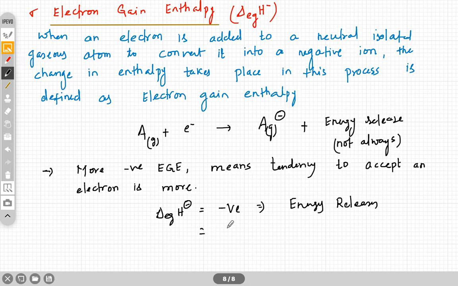If it is positive, it means energy is provided into this one.